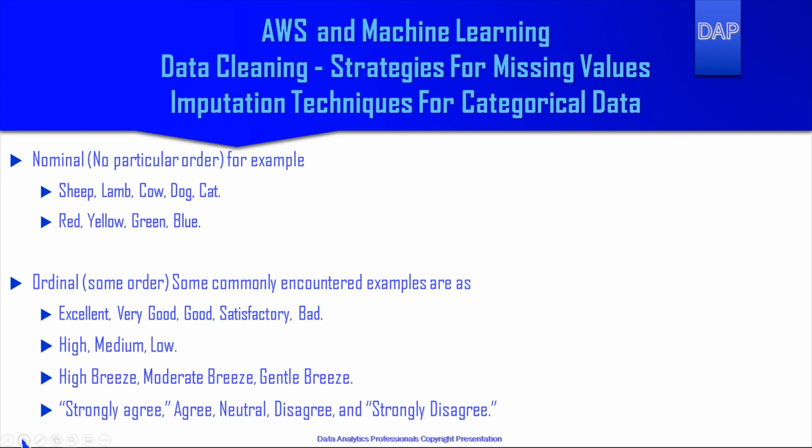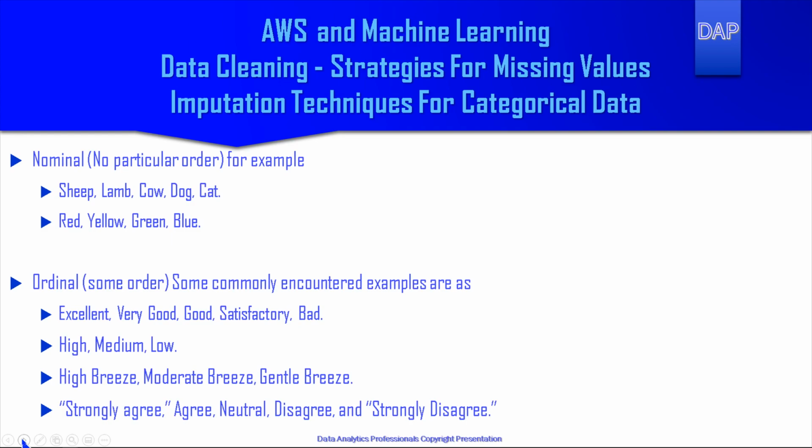While ordinal have some order. Some commonly encountered examples are as follows. For example, you might encounter excellent, very good, good, satisfactory, bad, or high, medium, low. Or for example, if you are dealing with weather, high breeze, moderate breeze, gentle breeze. And maybe you are being asked some questions, given some scenario, and then asked strongly agree, agree, neutral, disagree, and strongly disagree.